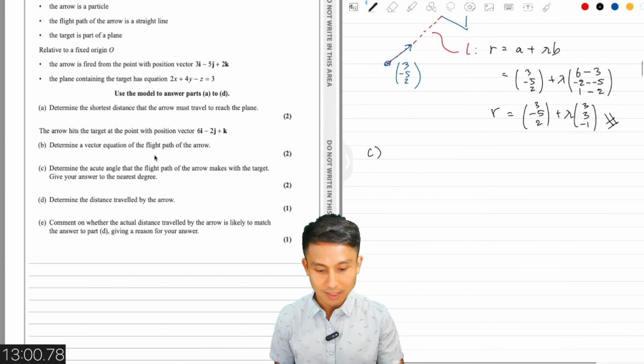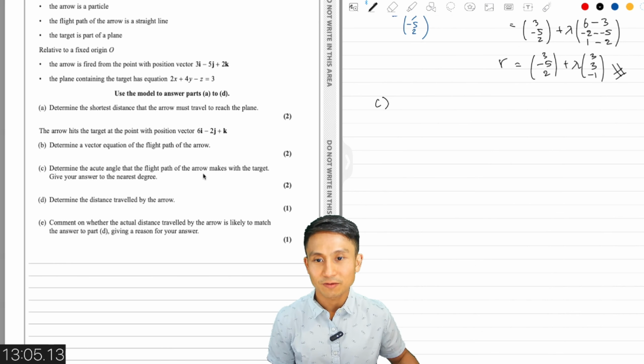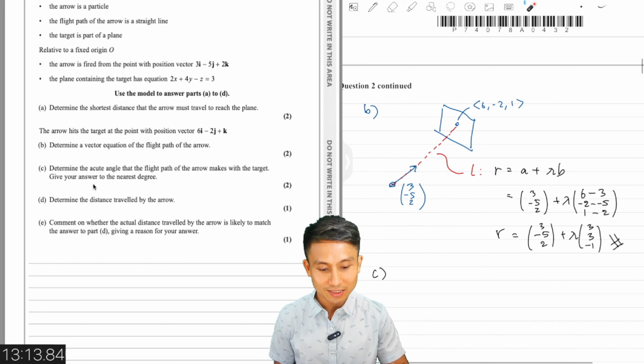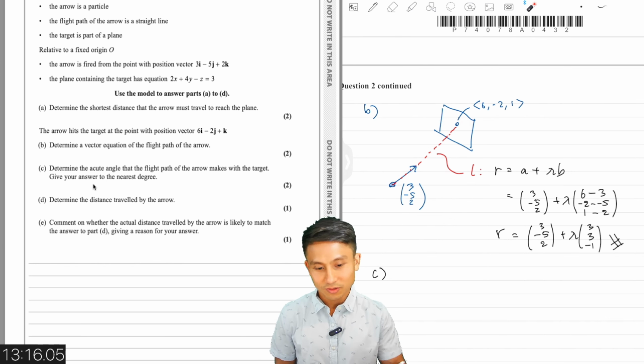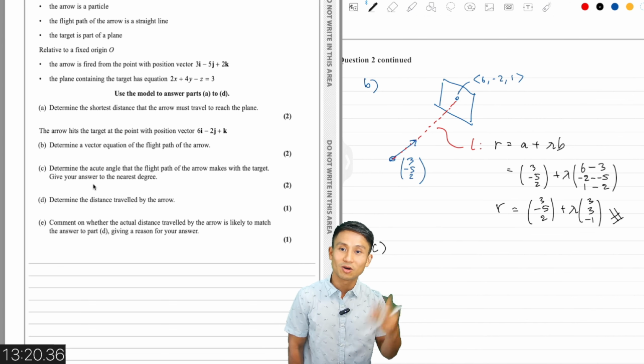That's it. Part C. Determine the acute angle that the flight path of the arrow makes with the target. So it's basically asking the angle between this line and the plane. Well, the simplest way is to find the angle between the line and the normal vector.